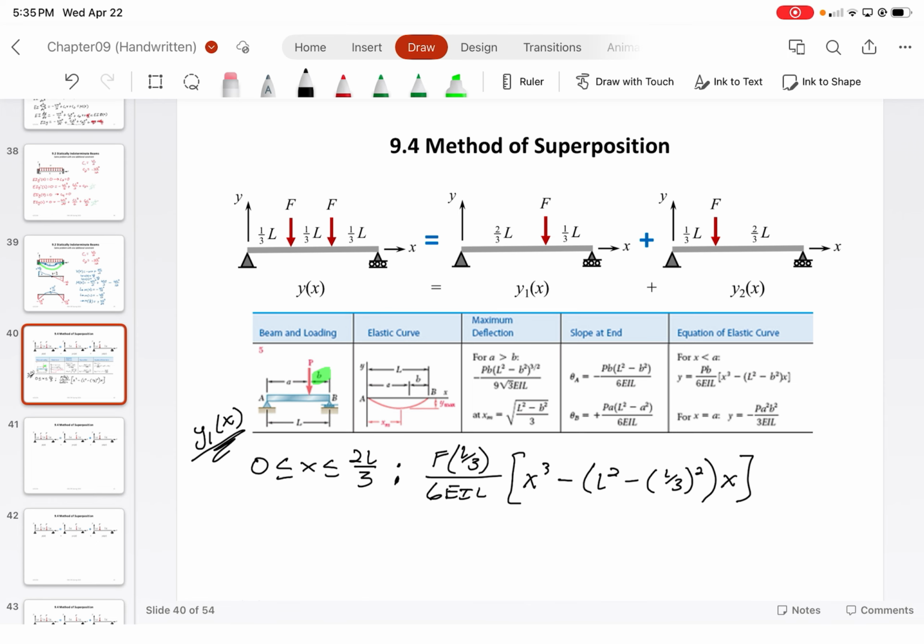Now you can simplify this. Simplifying gives you y1 of x equal to F over 162 EI times x times 9x squared minus 8L squared. It's the same thing, just simplified.